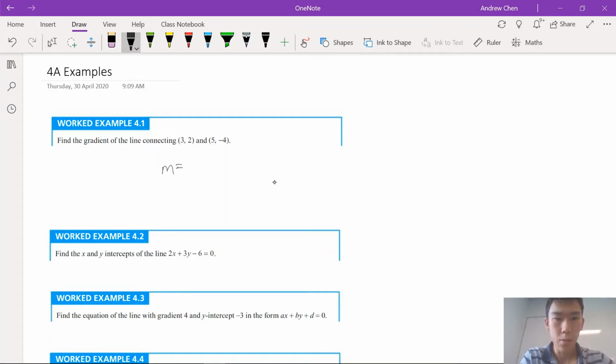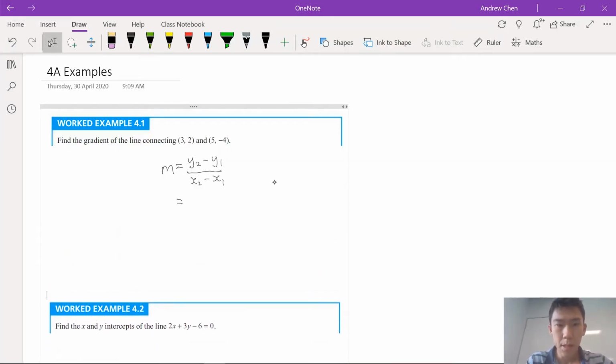M equals y2 take y1 over x2 take x1, which equals, pick your points for y2, y1, x2, x1. So negative 4 take 2, and then 5 take 3.